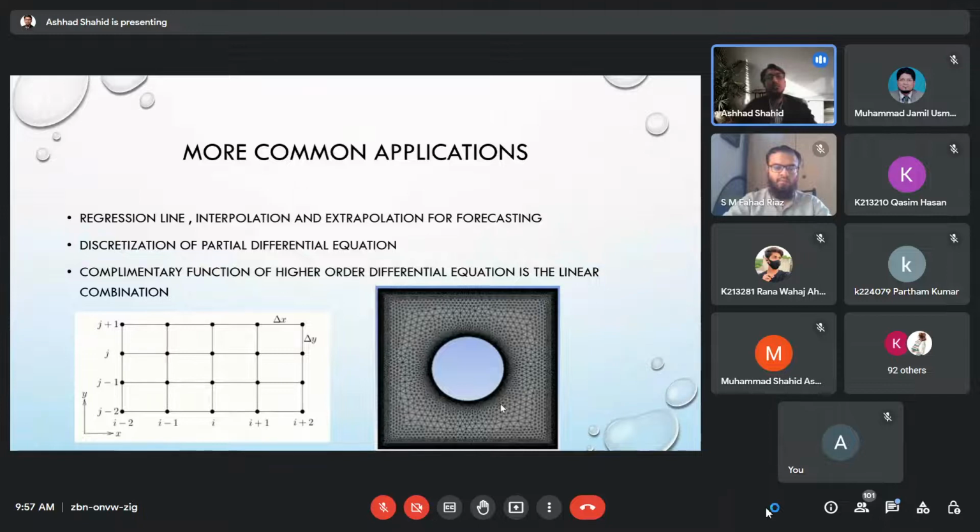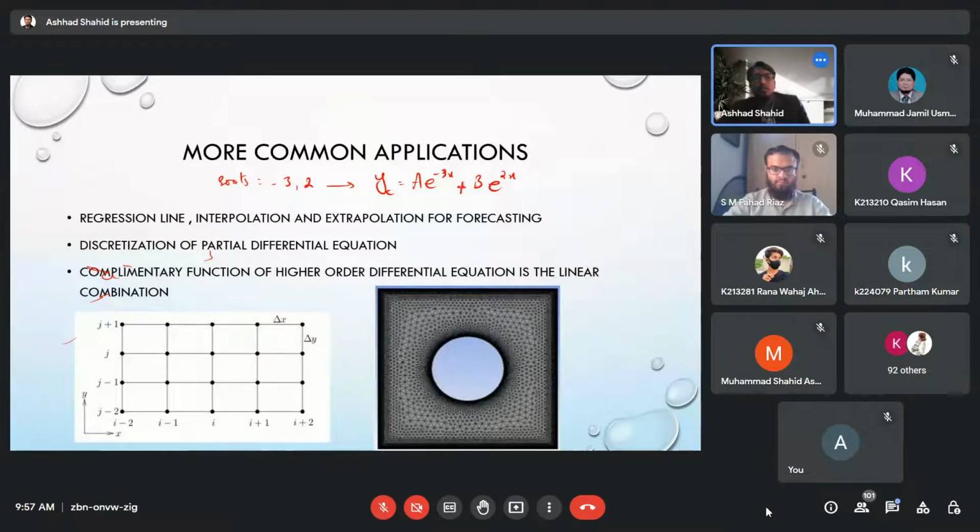If you have roots minus 3 and 2, and the dependent variable is y, the complementary function is a into exponent of minus 3x plus b into exponent of 2x.